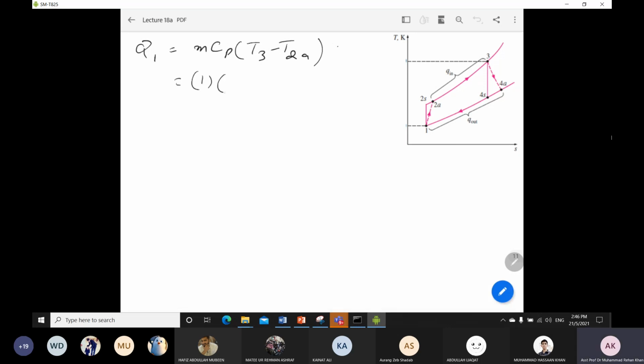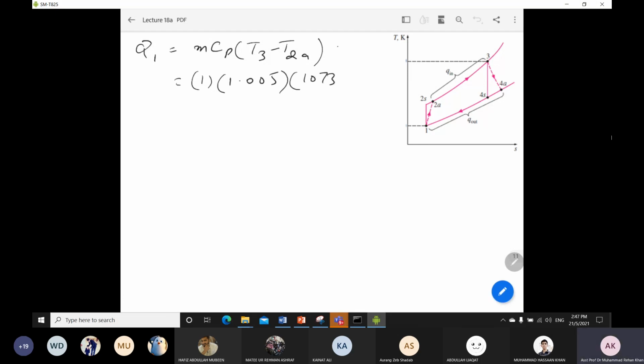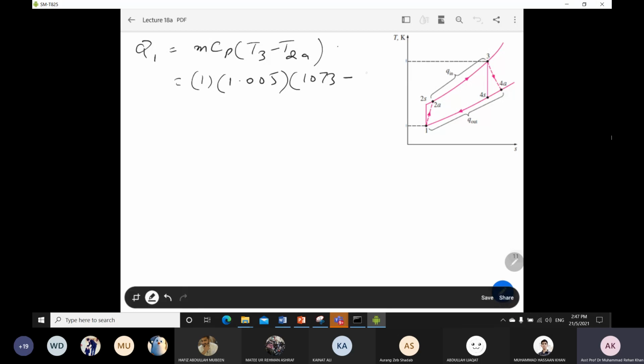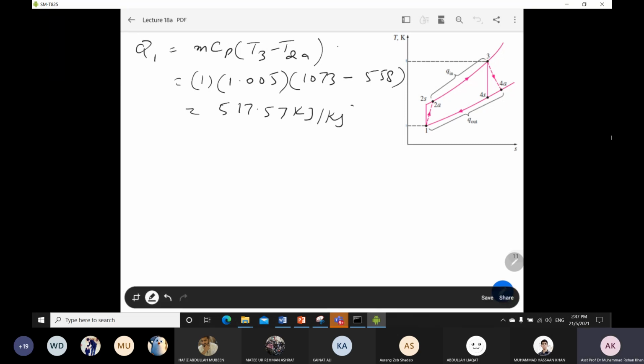The m value is 1, the Cp value is 1.005, T3 is 1073, and the T2a value is 558, which we already found in the previous part. Simply solving it, we get the Q in value, which is 517.57 kilojoule per kg.